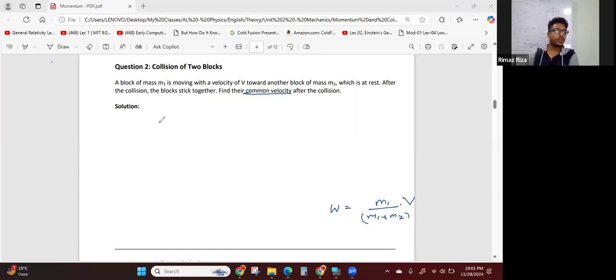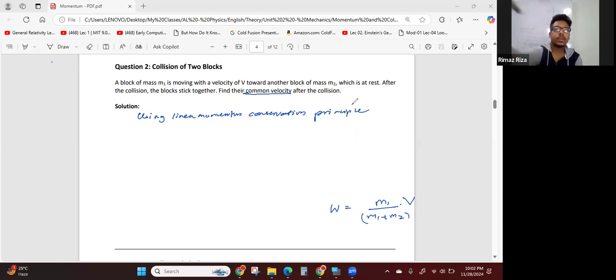So we can write total momentum before collision using the linear momentum conservation principle.